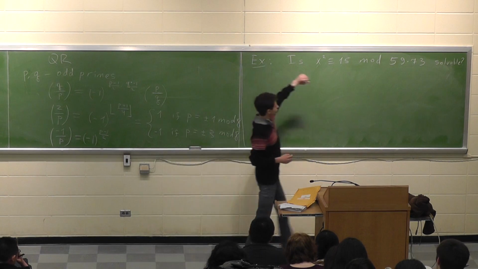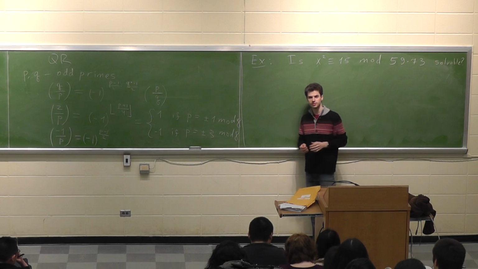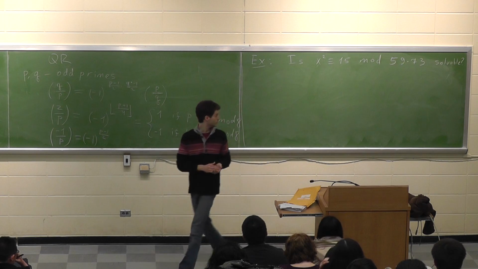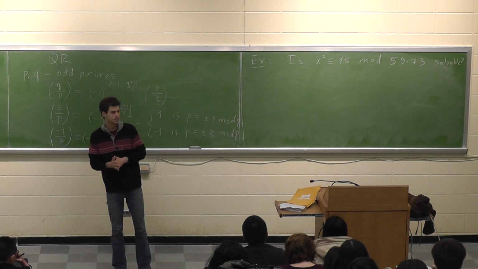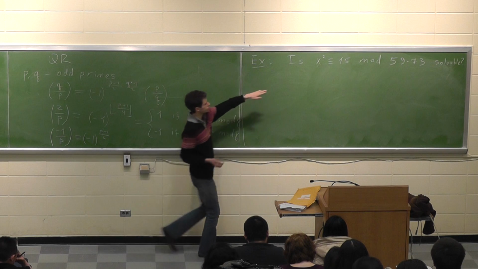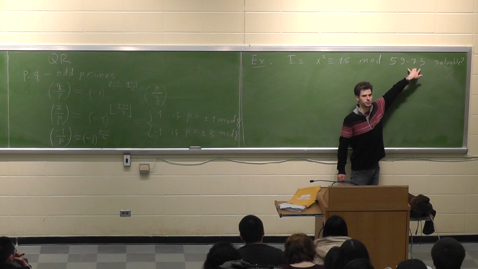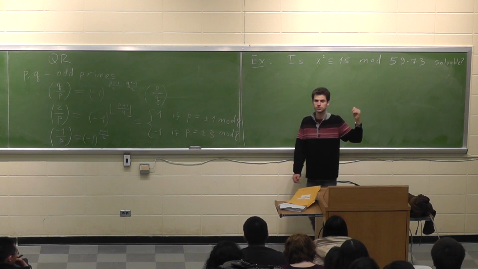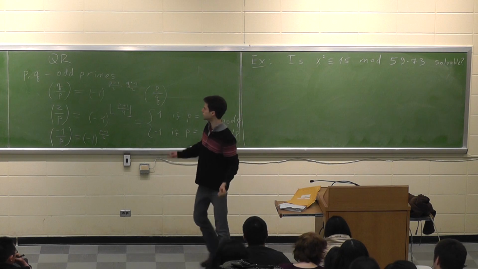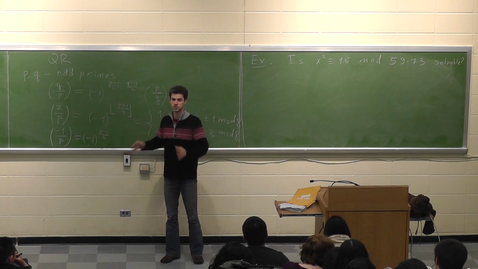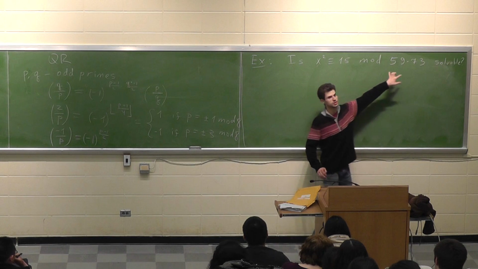So this is a pretty large number, something like 3,000 maybe. First of all, this number is not a prime number. It's given as a product of two prime numbers, but it itself is not a prime number. So we won't be able to use quadratic reciprocity directly for this number.